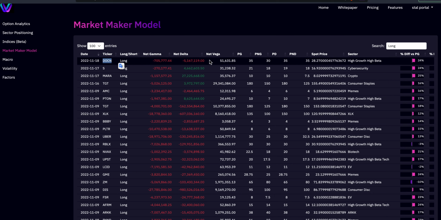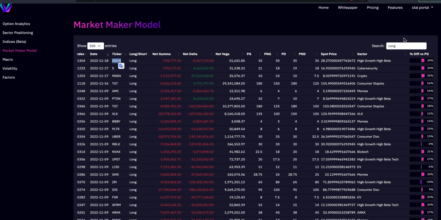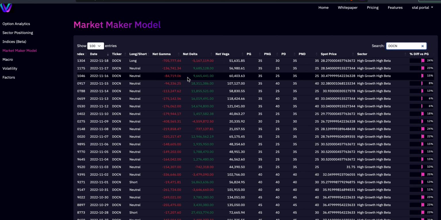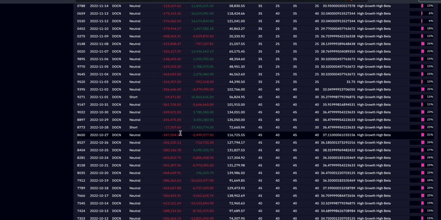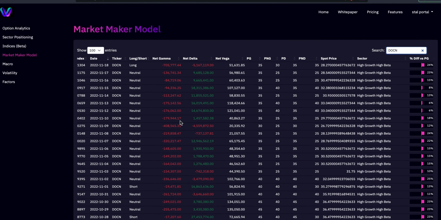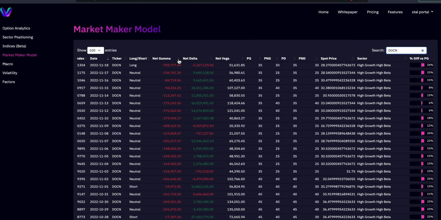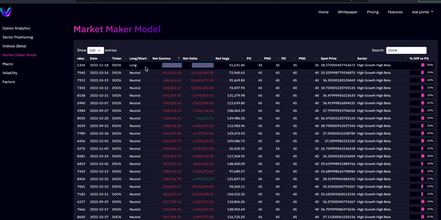We've got Dokken over here. That one I know is way below. Let's say I want to look at this one in a bit more detail. Just type in Dokken. And now I can see, relative to where positioning has been on this name in the past, how negative is it? And right now I can see in the last 60 days it's not had positioning anywhere near as negative as that day, right?